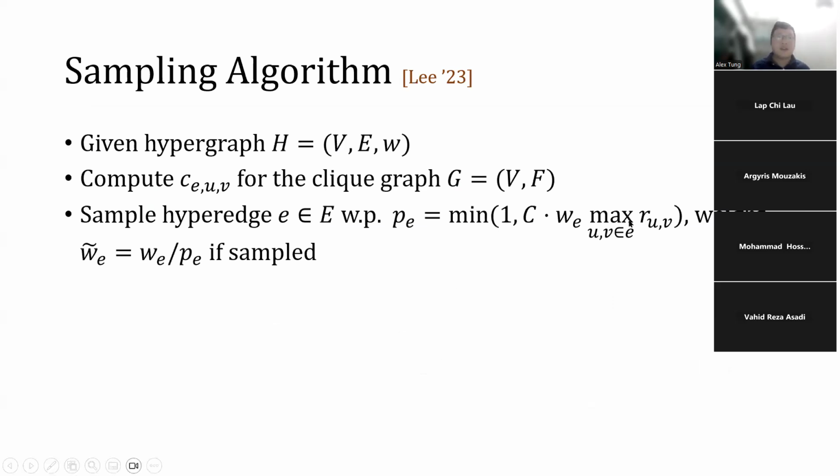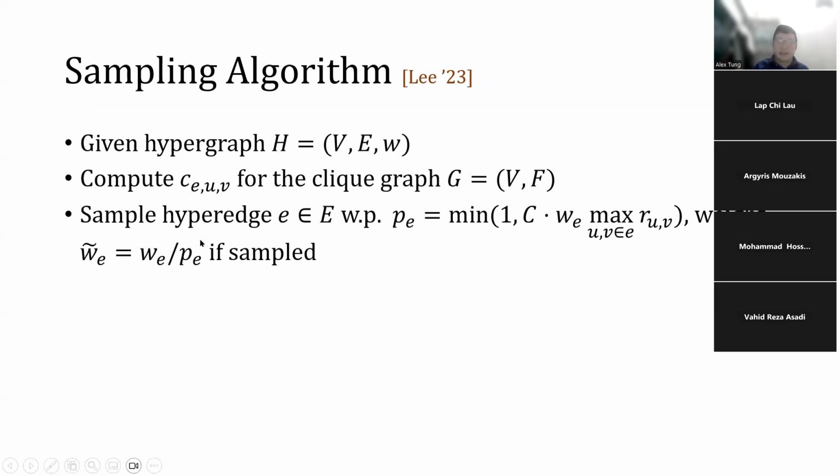Okay, so this is the sampling algorithm by Lee. Given the hypergraph H, first you compute these weights C_E,U,V for the clique graph. Then you sample the hyperedge with probability proportional to the max of R_UV for U,V in the hyperedge.